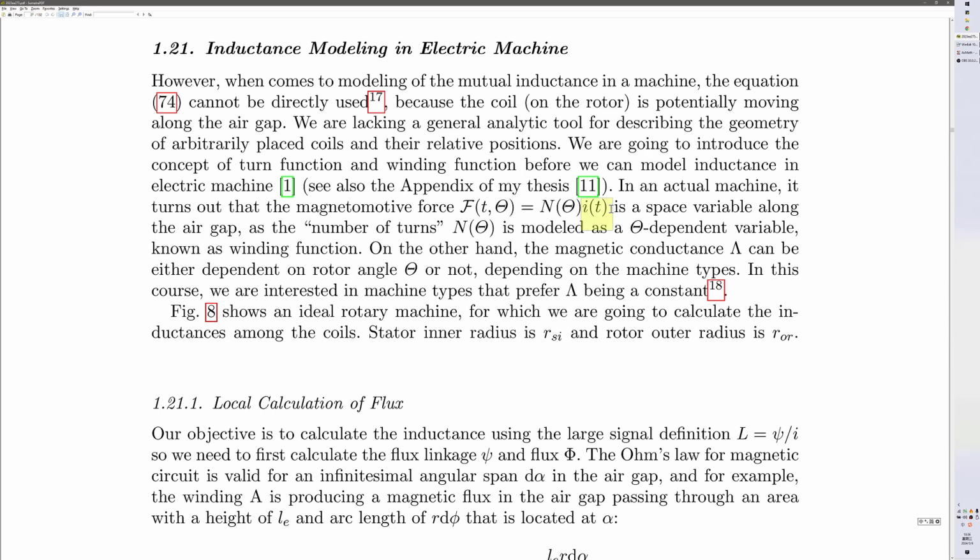And the current is a function of time. So our MMF here is actually a wave. It's a function of time and angular location, so it's a wave along the angular location over the rotor.